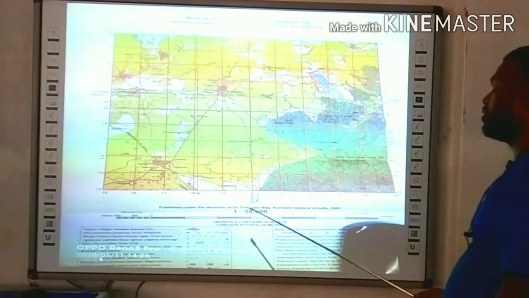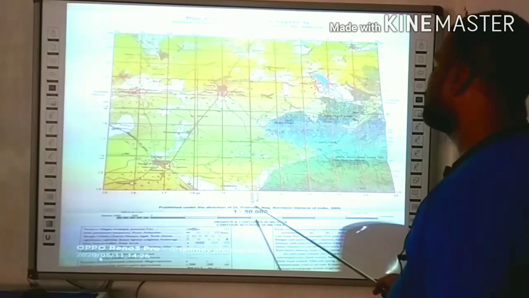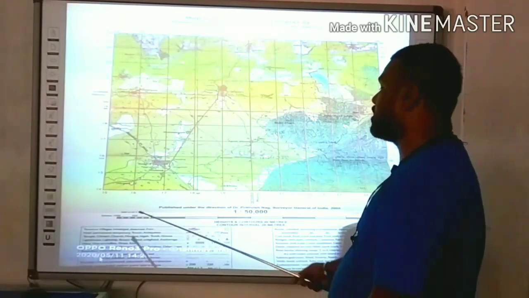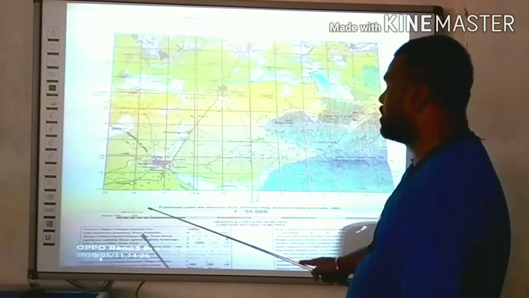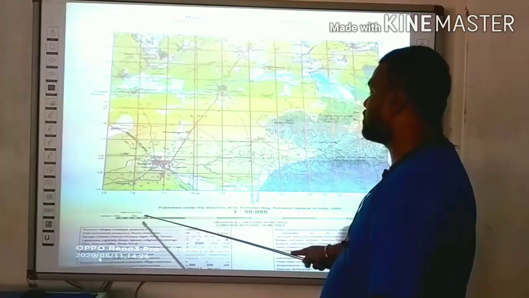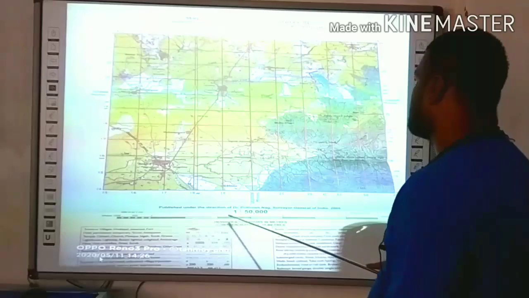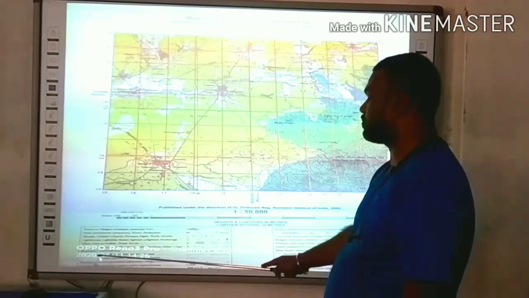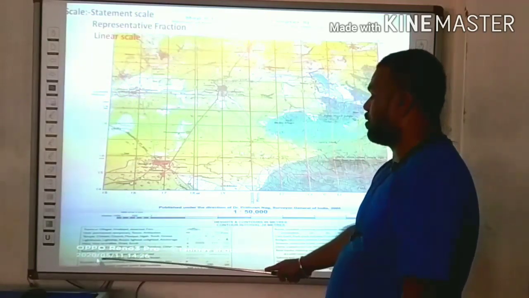RF is map distance by ground distance. Another scale here is called the linear scale. Linear scale has been divided into two parts. The small part is called the primary division, and the remaining part is called the secondary division.